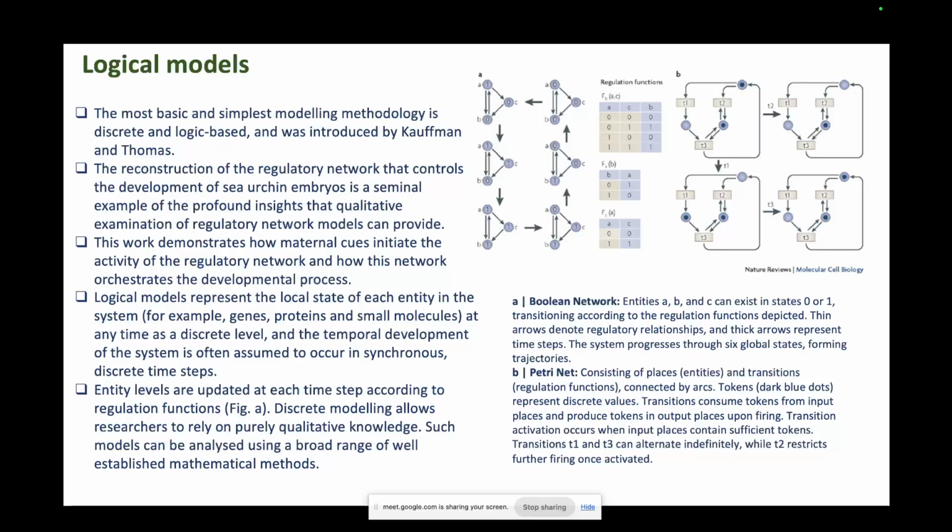It's the most basic and simplest modeling methodology, and logical models represent the local state of each entity in the system, for example genes, proteins, small molecules, at a discrete level, and the temporal development of the system is often assumed to occur in synchronous discrete time steps.